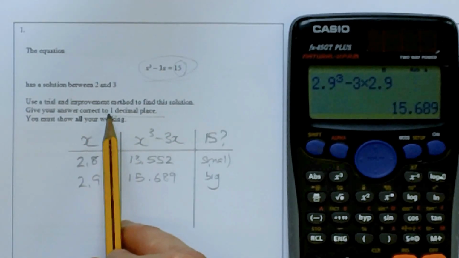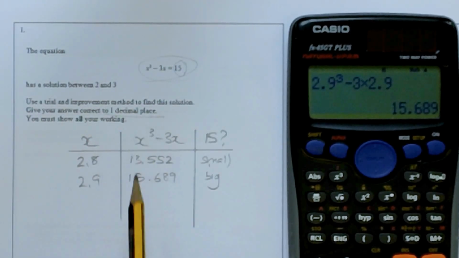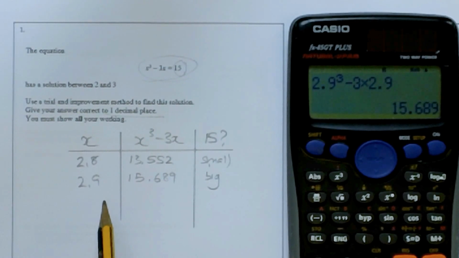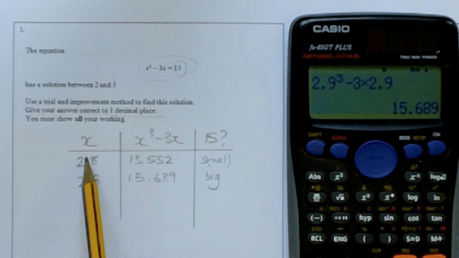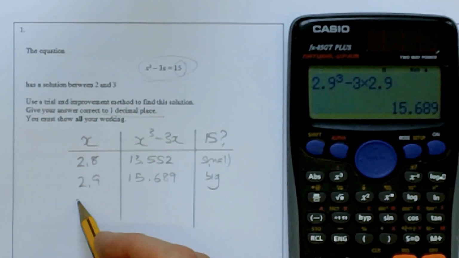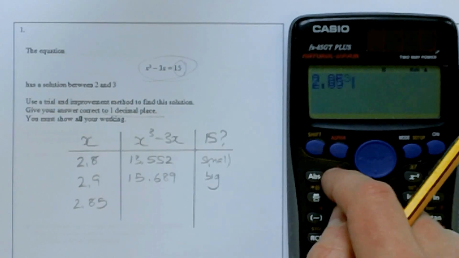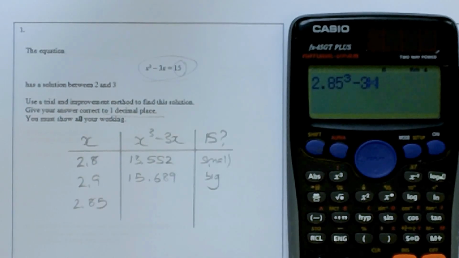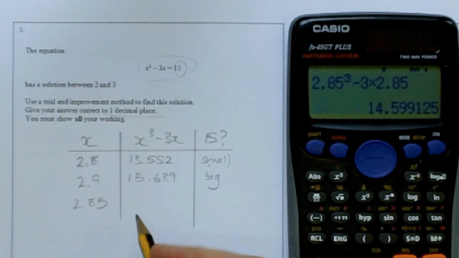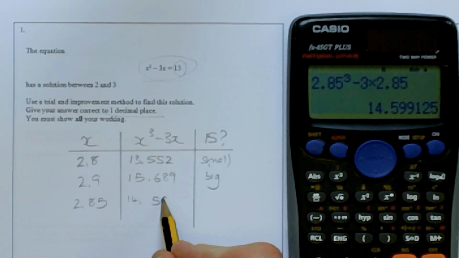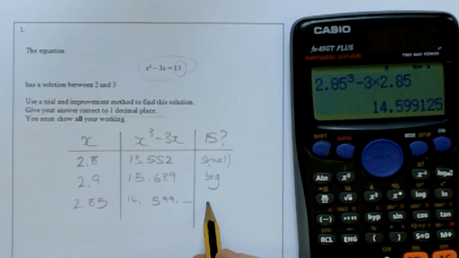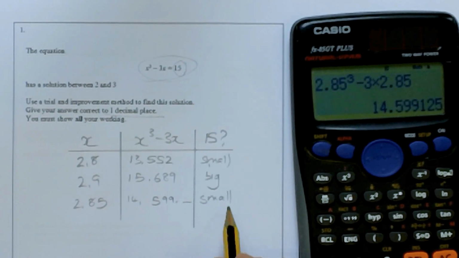We have to give our solution to 1 decimal place, so we just have to say whether the answer is closer to this one or this one. And the easiest way to do that is to try the middle value. 2.85 cubed, take away 3 lots of 2.85 is 14.599 and so on, which is too small.